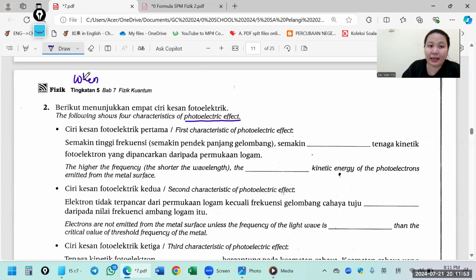When light wave, can you type? Show me you remember. Try first. If you don't have output, you have to remember.